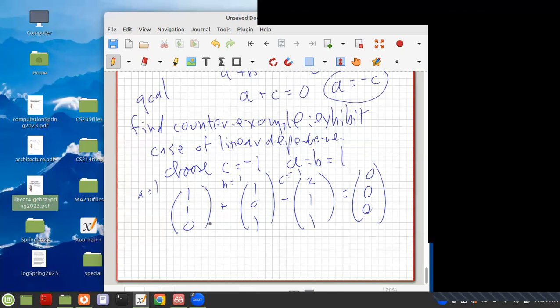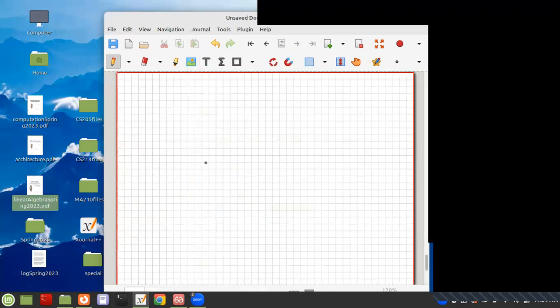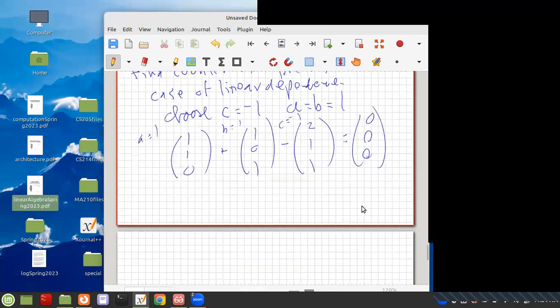In fact, you could write then 2, 1, 1 equals, by adding it to the other side, 1, 1, 0 plus 1, 0, 1, which is how I constructed the example in the first place, by choosing a third vector to be the sum of the first two.